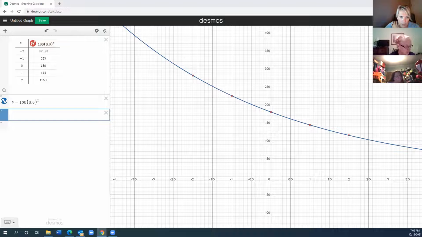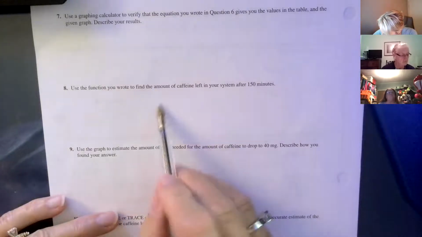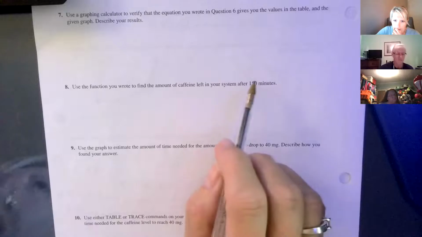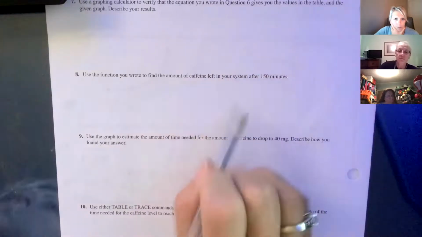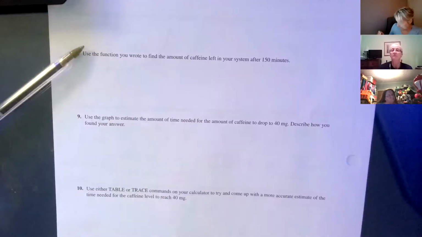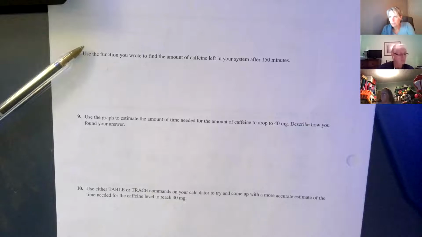If we go to number 8, it says use the function you wrote to find the amount of caffeine left in your system after 150 minutes. We do have to pay attention to the fact that everything we have is in hours.